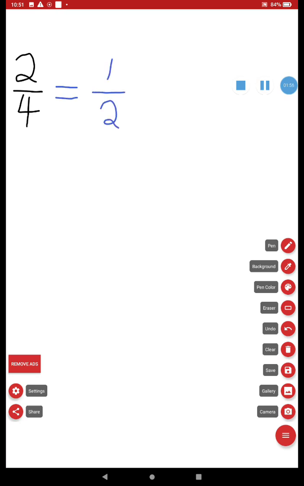How can I prove that with numbers? Using division. Well, what number can fit inside of a 2 and a 4? A 2 can. 2 divided by 2 equals 1. 4 divided by 2 equals 2. So 2 fourths equals 1 half.